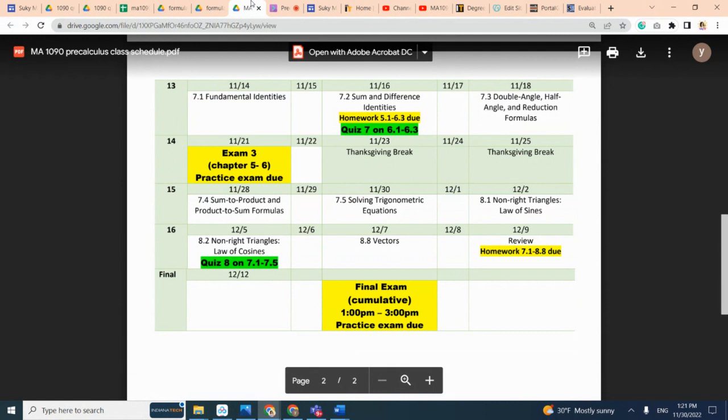Then over the weekend, I will calculate your grade, and then I will email you to ask you to help me to check. Okay, so if there's something I miss, you can let me know. I can change it. Okay, then after the final exam day, I will grade your exams, and then I will post your grade on the next day. At that point, there's nothing we can change your grade.